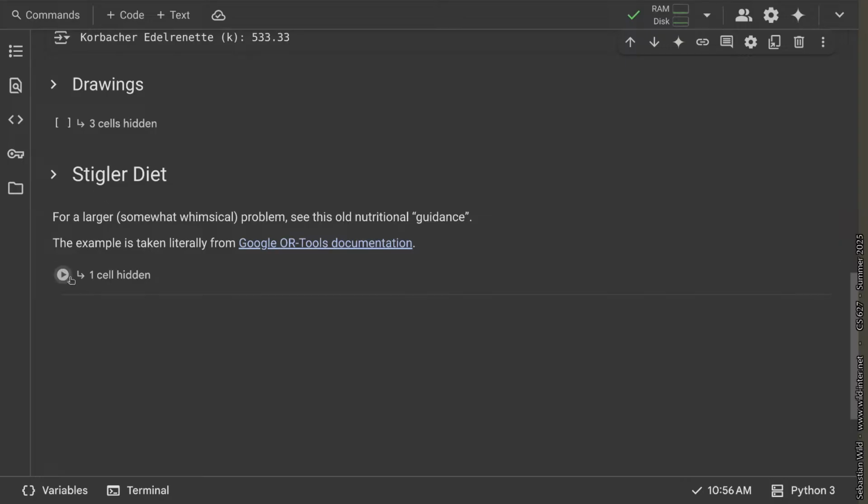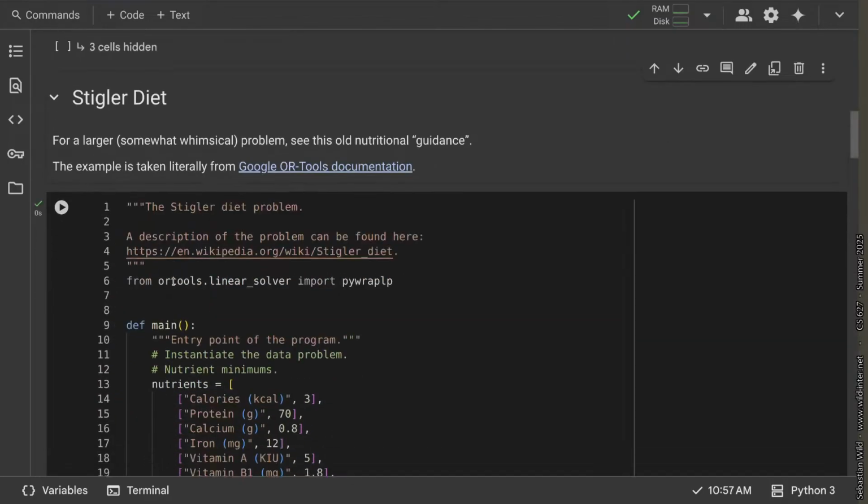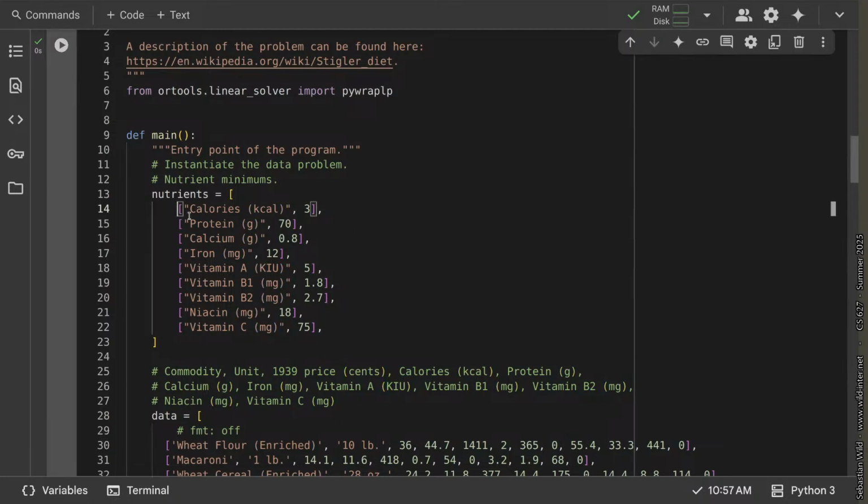So he took what was known at the time, and this is the 1940s. People cared about calories and protein, not about fiber. I guess calories kind of subsumes carbs, but it's not an extra item here.